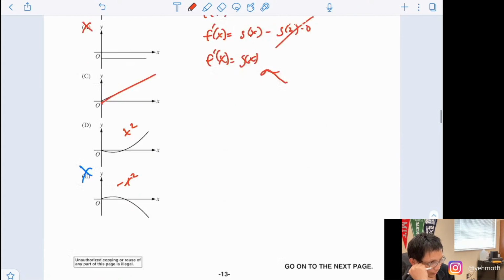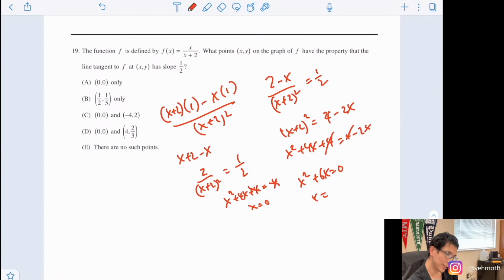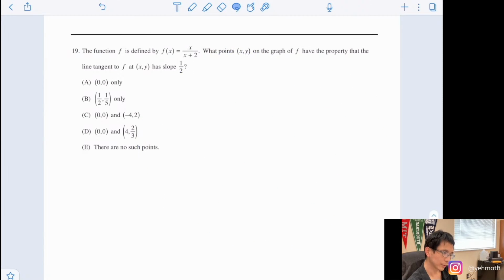19 and 20, I did not do. 19 is fairly easy. Did you get 19, 20 right? No. I didn't know how to even start with this. 19, you don't know how to start? No, I know how to start. Annotate the question. You got f right here, right? And they say the slope is equal to 1/2.